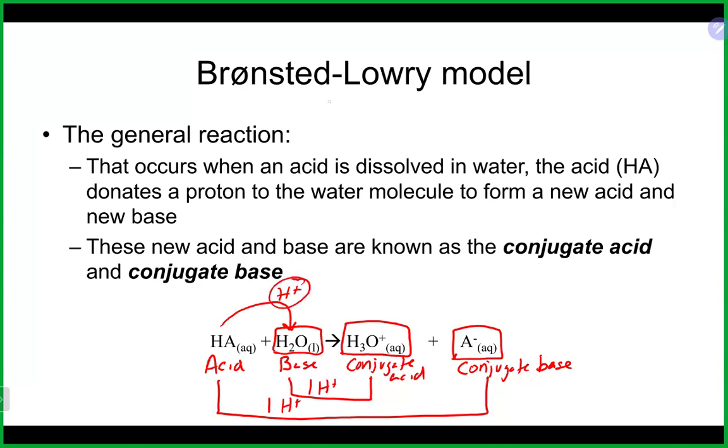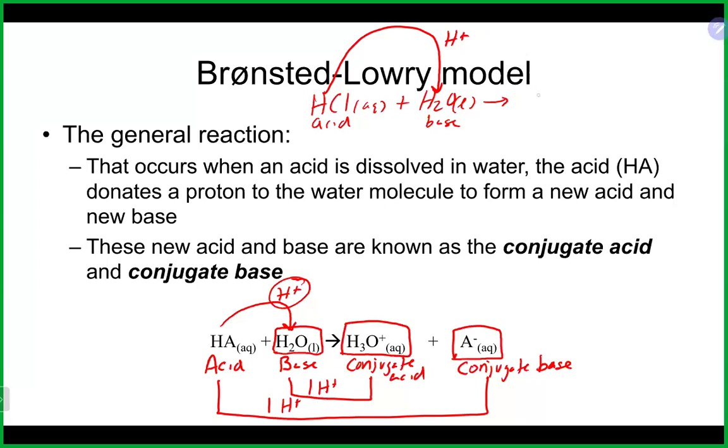Now, for example, if you take HCl and you want to describe HCl dissolving in water, you could do that reaction. Here, the HCl is going to be my acid. The water is going to be my base. The HCl is going to donate the H plus, which is what the acid will do.